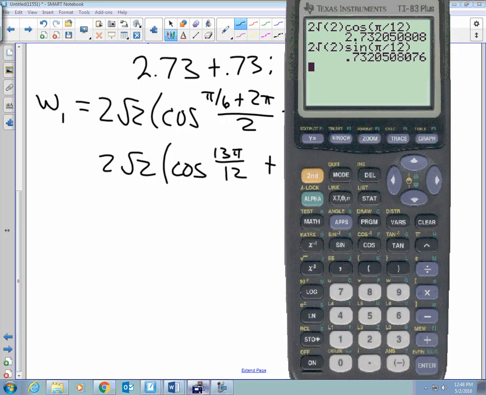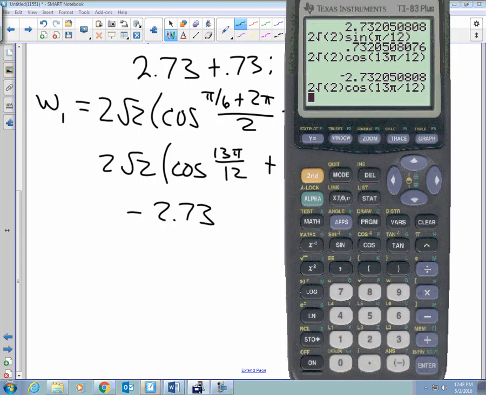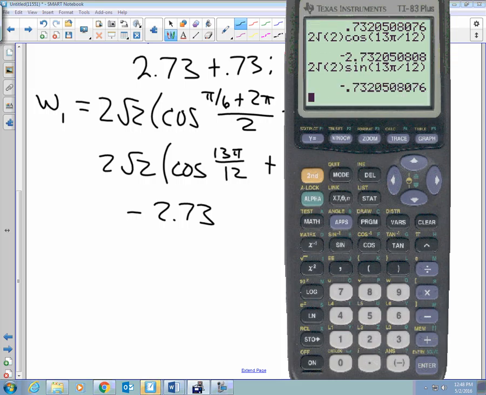So 2 roots of 2 times the cosine of 13 pi divided by 12. I get negative 2.73. If I do the same thing, but instead of cosine, I use sine, I get negative 0.73.